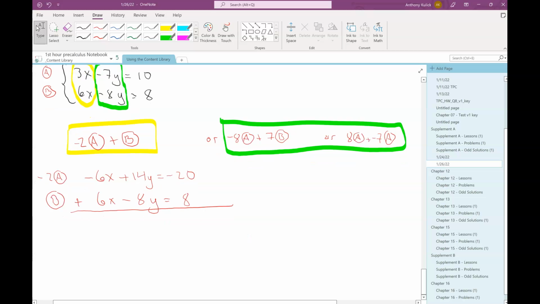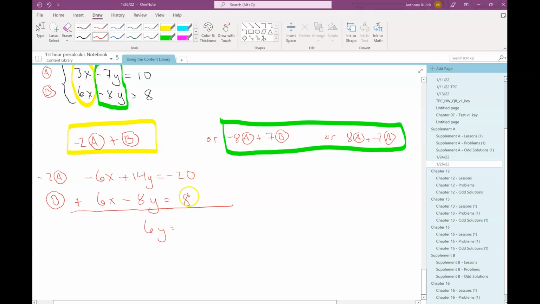And as long as everything is lined up, we're good, right? So negative 6x plus 6x just gives me 0. I'm not going to bother to write anything. Positive 14y plus negative 8y gives me 6y.